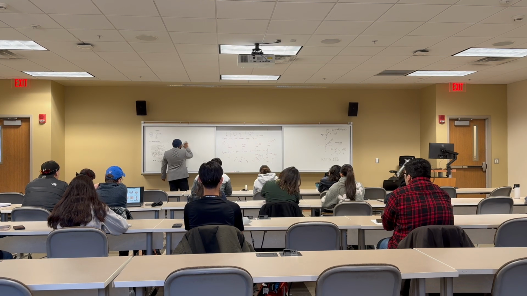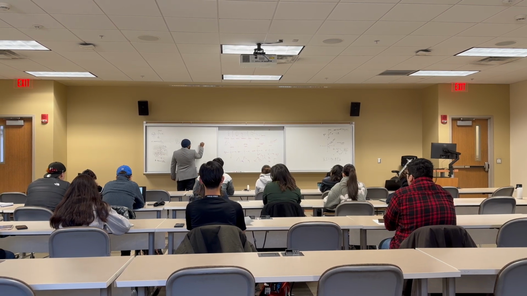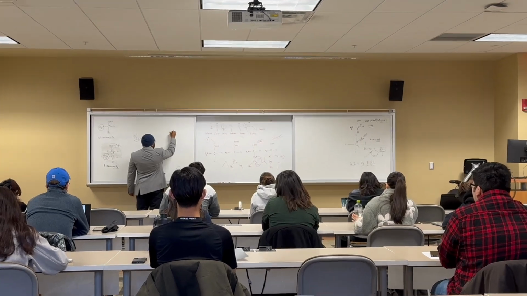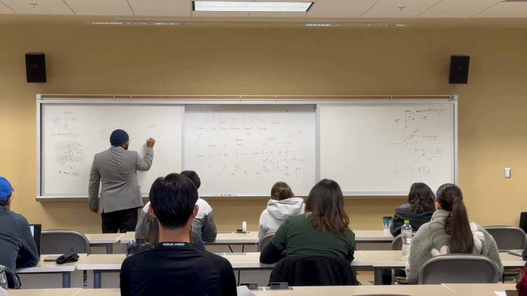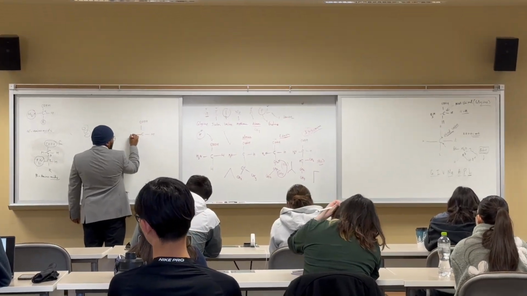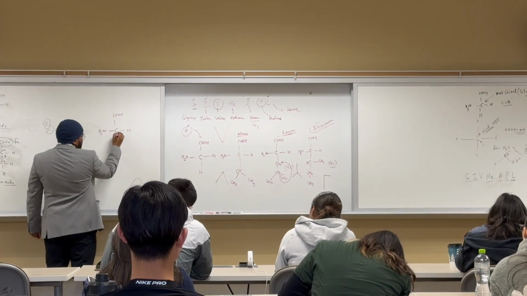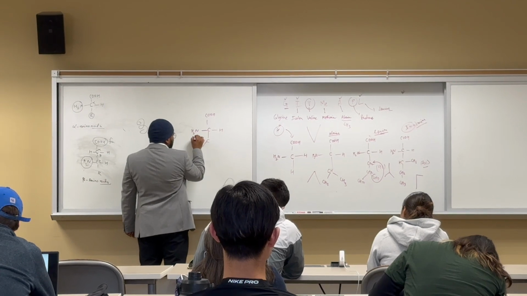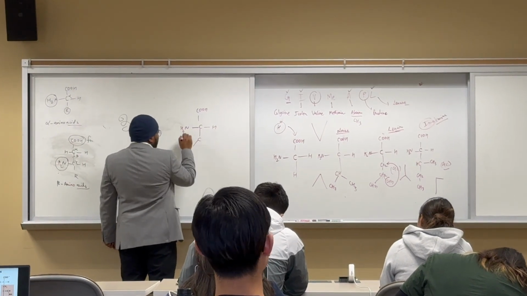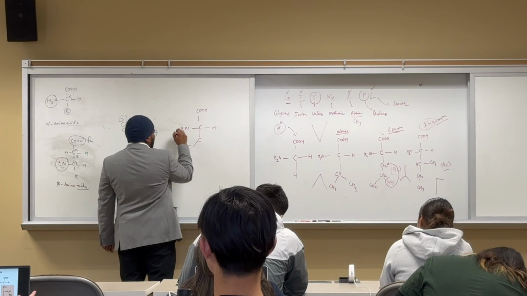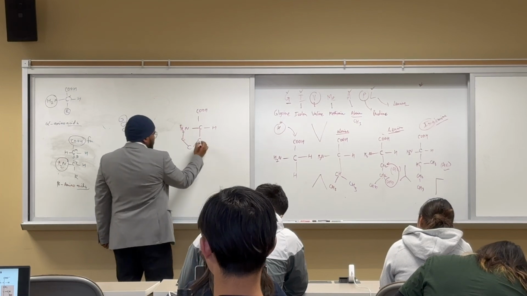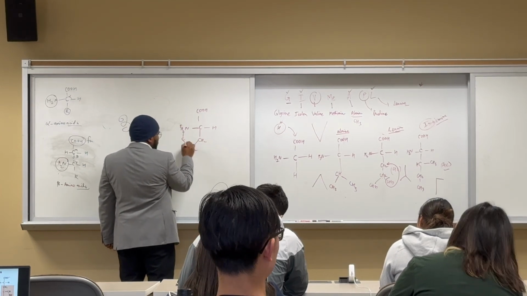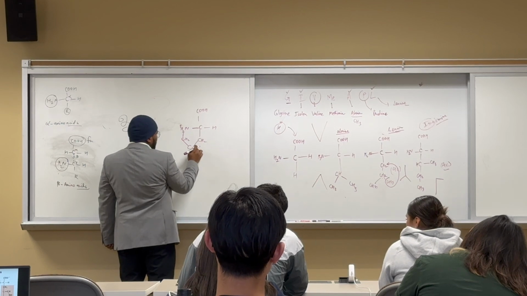Proline is slightly different from other amino acids because it is cyclic in structure. This is how we represent proline, CH2, 1, 2, 3, 4, 5.